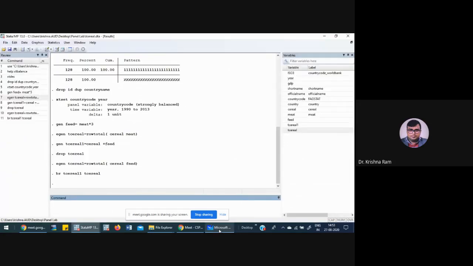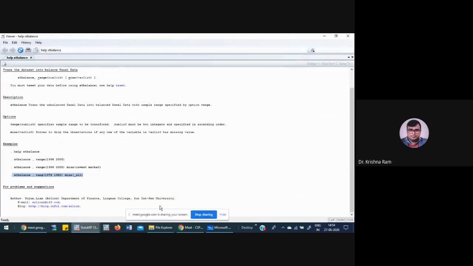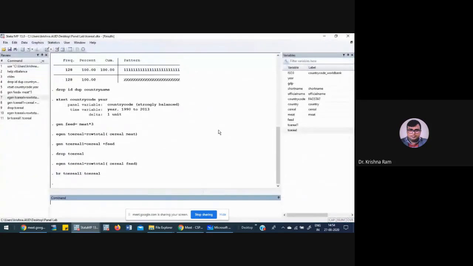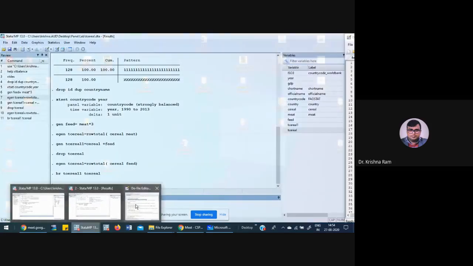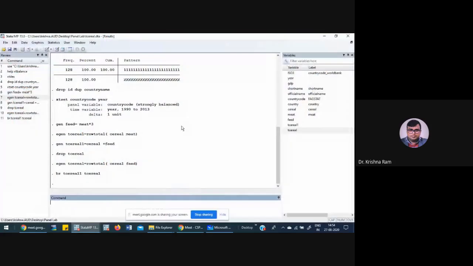For that, if you go by using by ID, then you write the gen command that gives you that output, but it is easier to use the egen command. Here I have written row total. Row total here means we are doing totaling row by row.